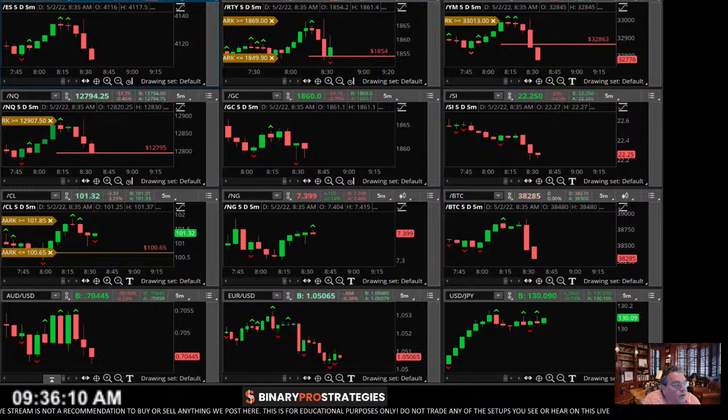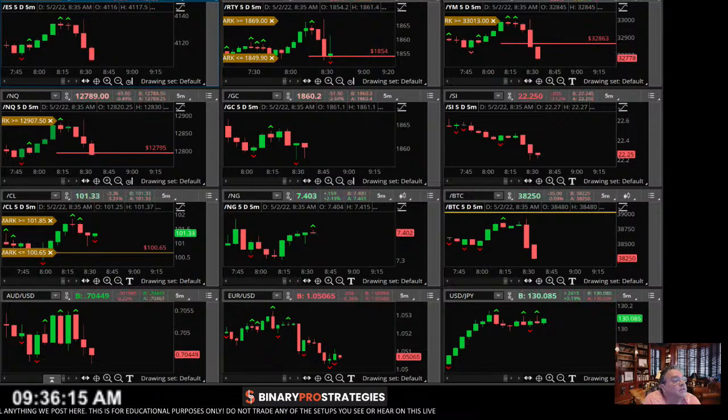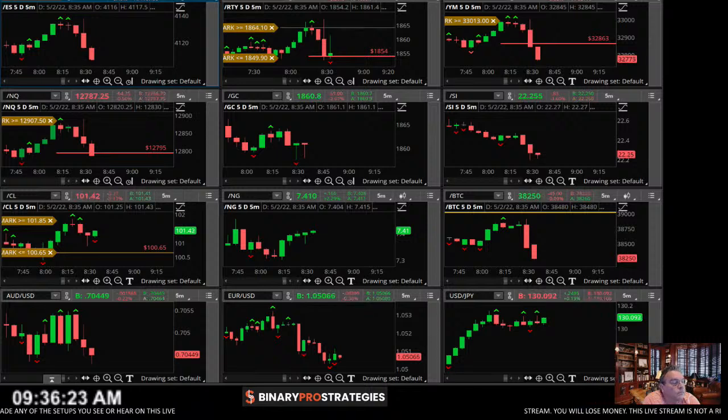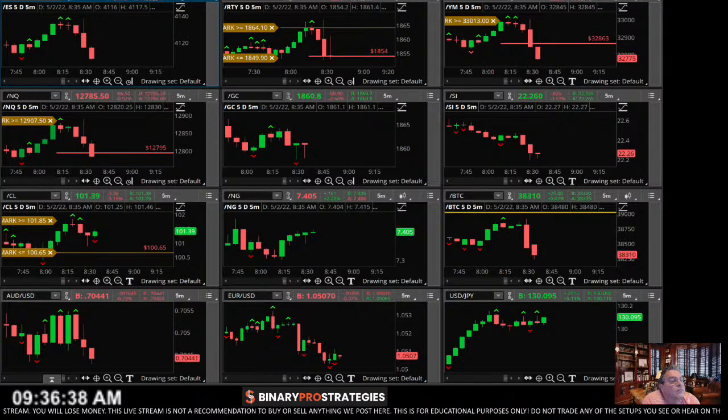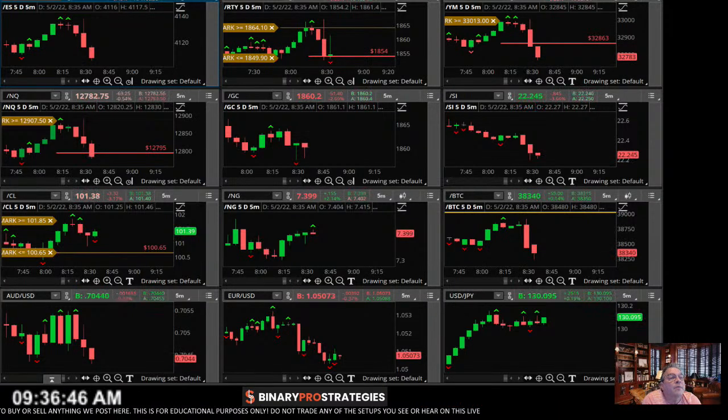Reverse sell. And if we don't hit target, reverse buy is going to be at 1864. Reversed on NQ, which is going to be your mini NASDAQ.